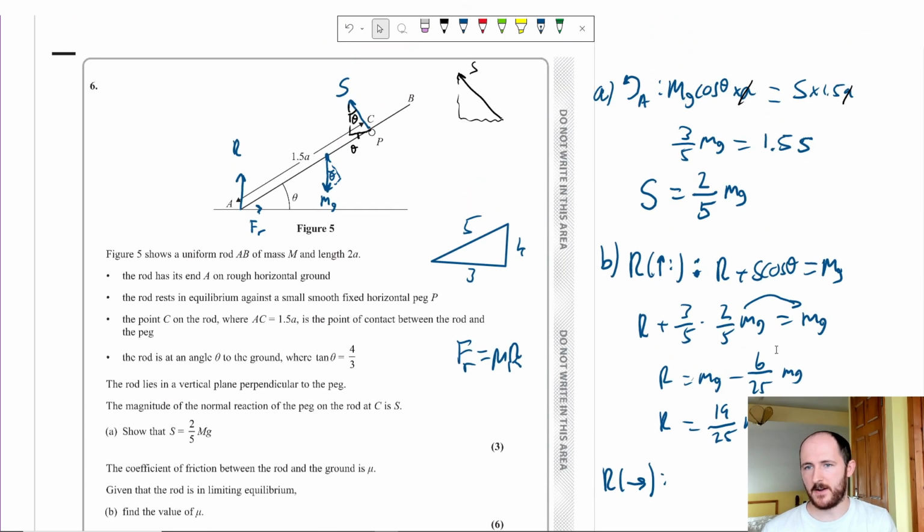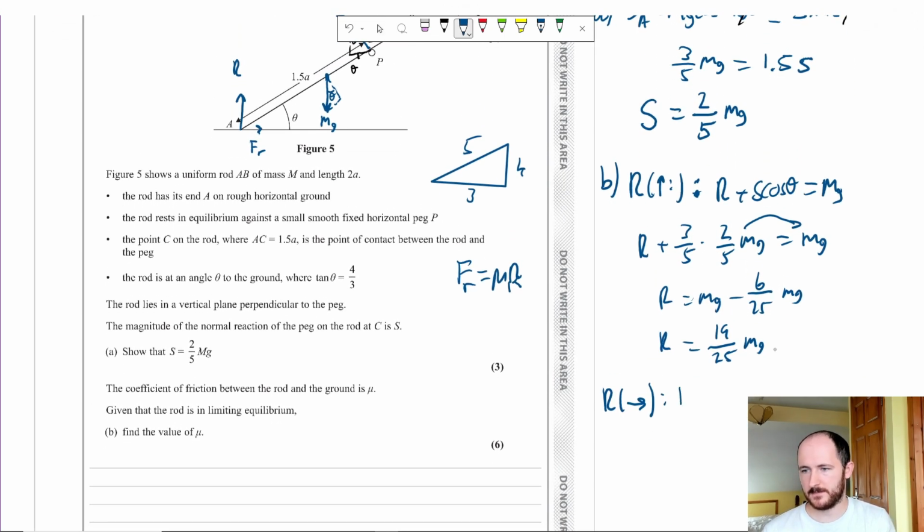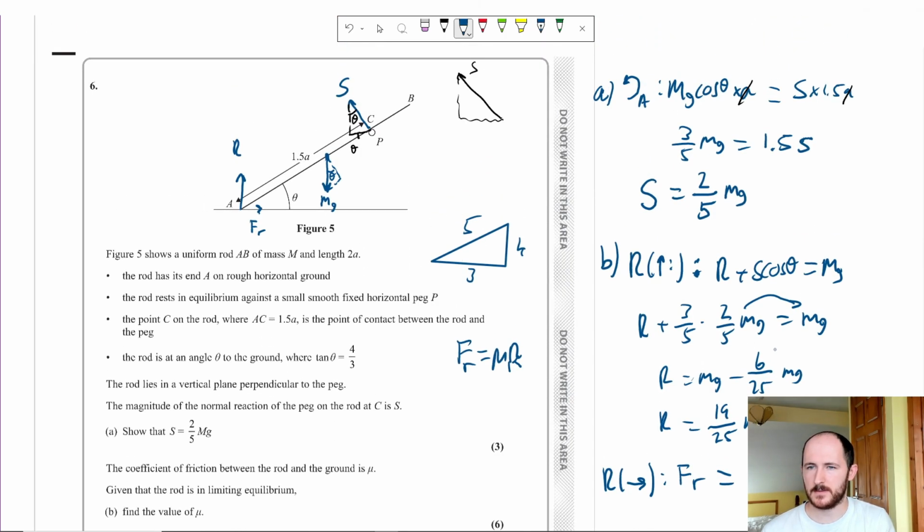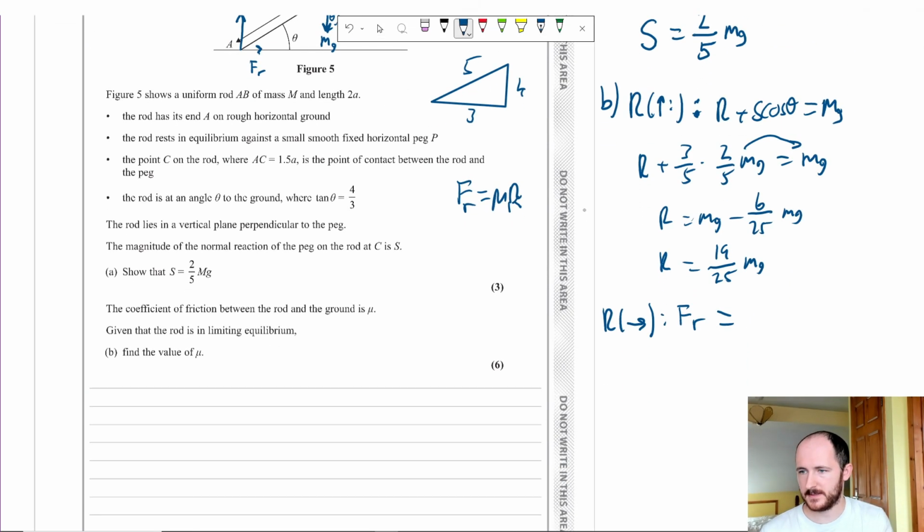We have F_R, so friction, for real, equals, because there's actually only one other force acting to the left. This is acting straight down, so we don't resolve it, right? It's acting straight down, so it's not acting to the left. So the only part to the left is the S sine theta that we have.